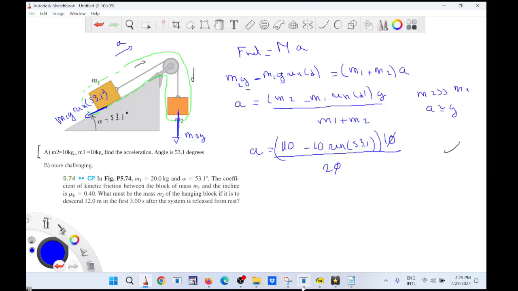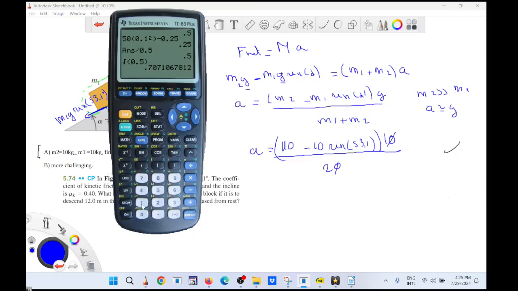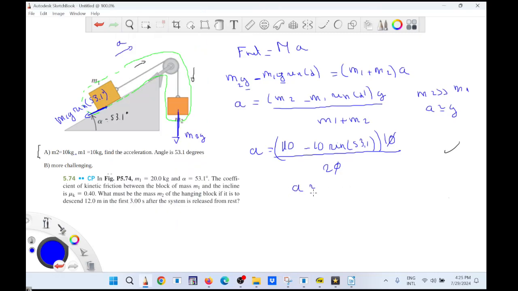Let's see if you can factor out the 10. So 1 minus sine 53.1, times 10, divided by 2, so it's going to be about 1.